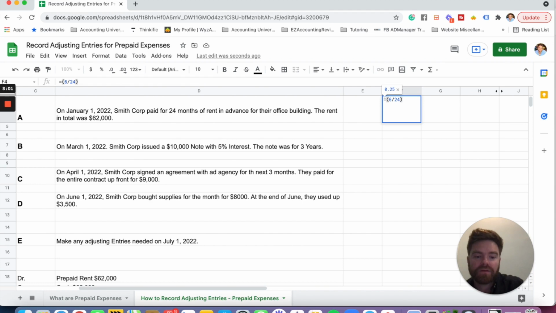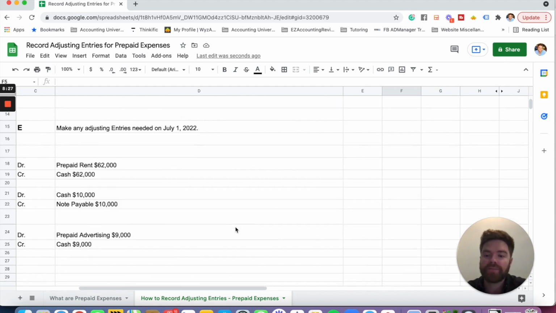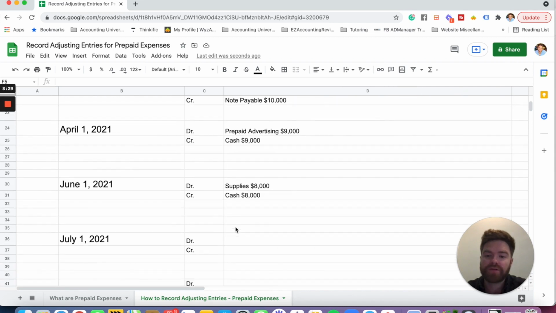Then we're going to multiply this times 62,000, because that's the total amount of rent. We're showing how much was actually consumed. Let me go ahead and redo that here for us. There we go. 15,500. So what they're saying is 15,500 of rent was consumed in those 6 months. So we have to show that. And how do we show that? Well, on July 1st, we'll show it here.